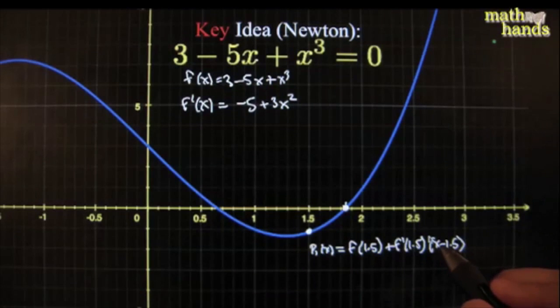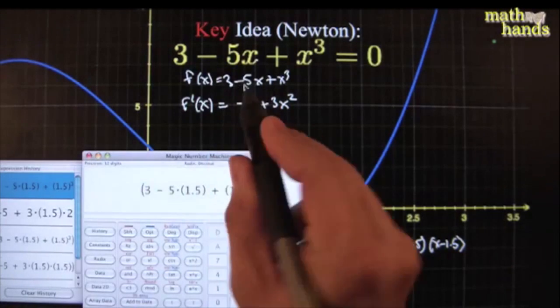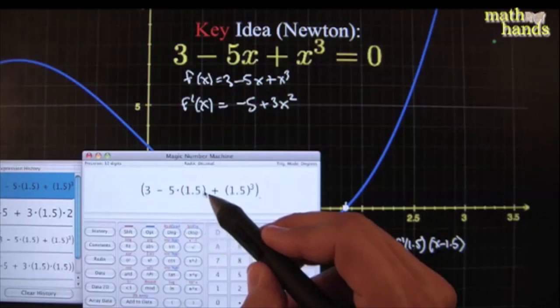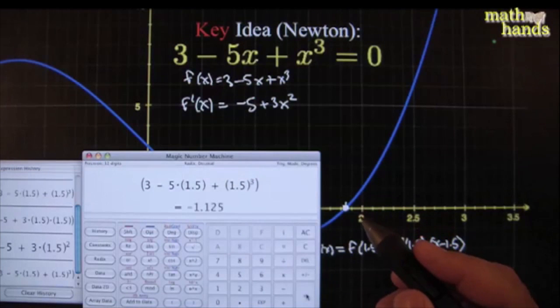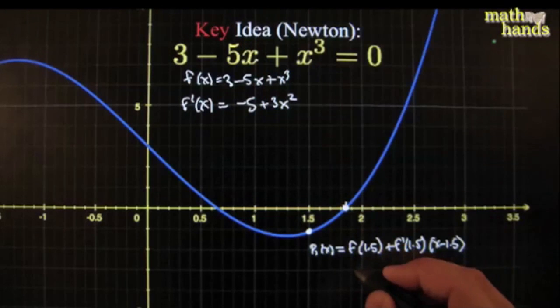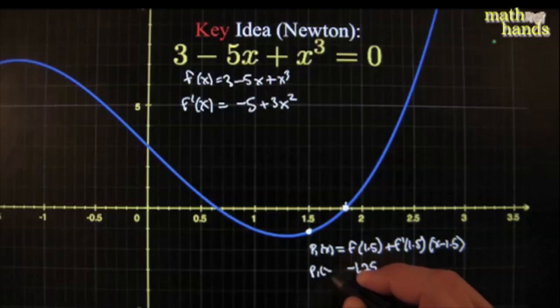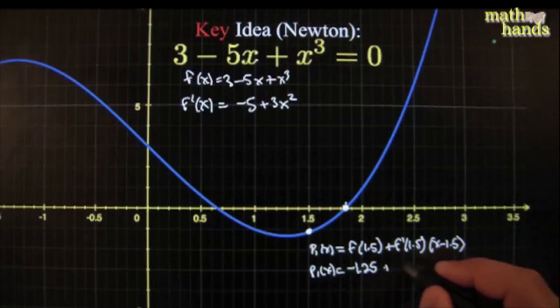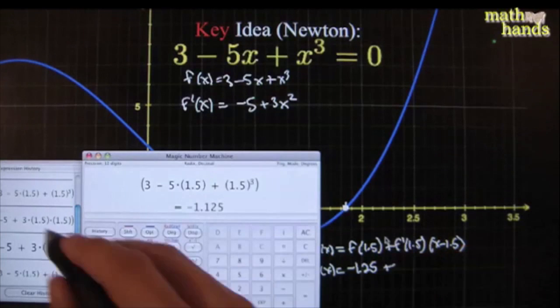So I did some preliminary work here. If I plug it into the equation, 3 minus 5 times 1.5 plus 1.5 to the third, what is that equal to? That's negative 1.25, sorry, I might have said it wrong. P1 of x is equal to negative 1.25 plus, then you want to plug it into here.